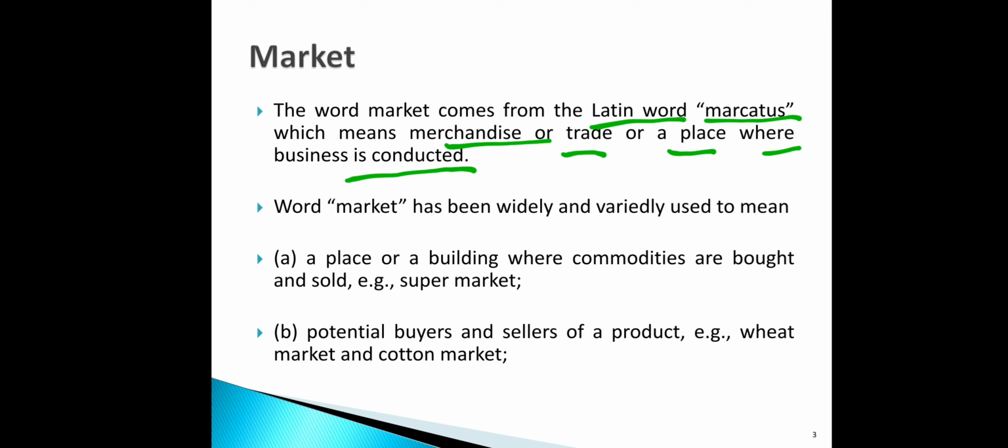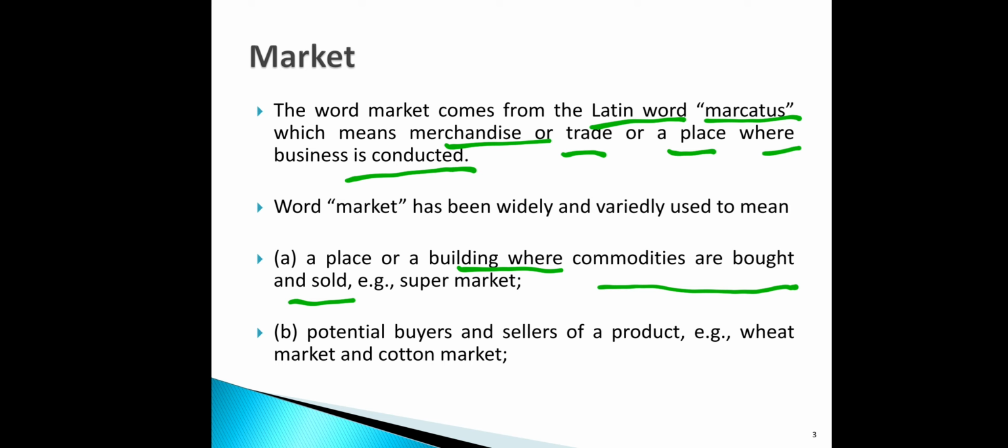The word market has been widely and variedly used to mean a place or building where commodities are bought and sold. As I told you, we call the market the place, or it may be the building, where the commodities are bought and sold.